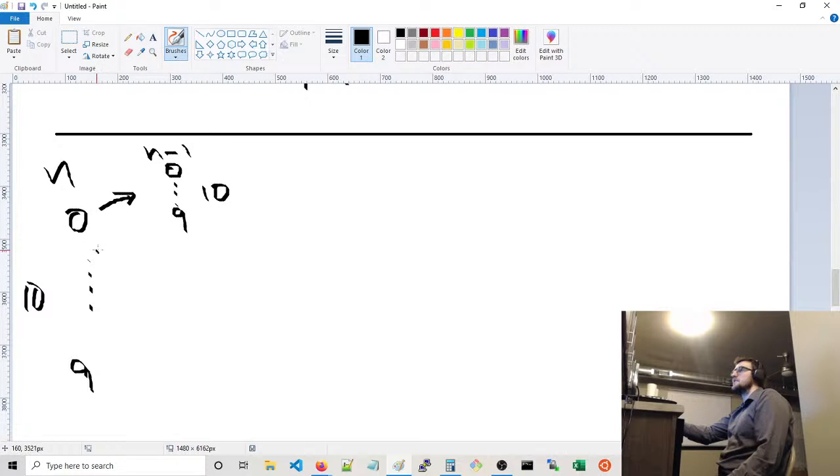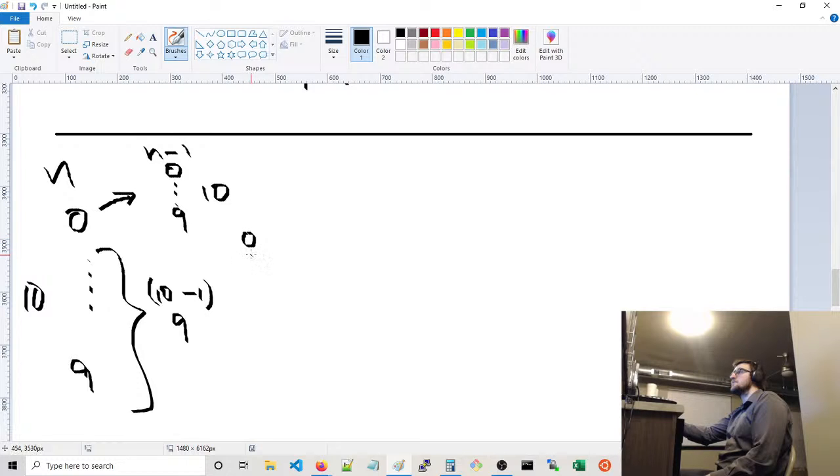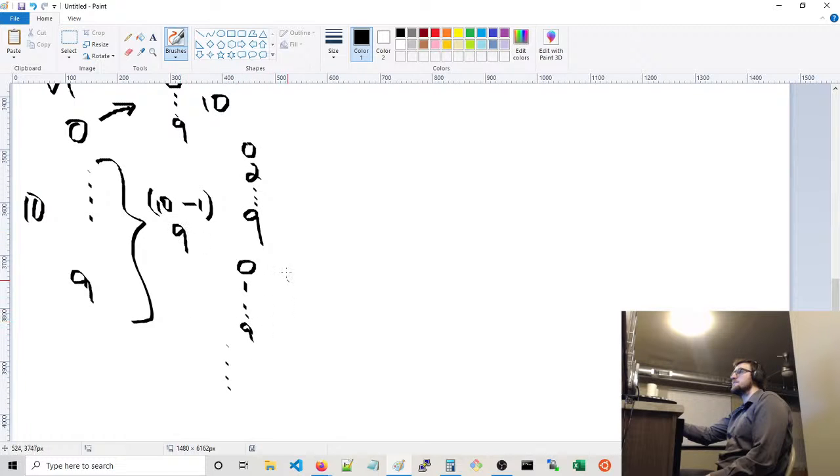That didn't change, but these other 10 minus 1 times, 9 times, we have 1 less character to pick from. We have 0, 2 to 9, we have 0, 1 to 9, and so on. So 9 times we have 1 less choice, and these have 9 choices to pick from, right?